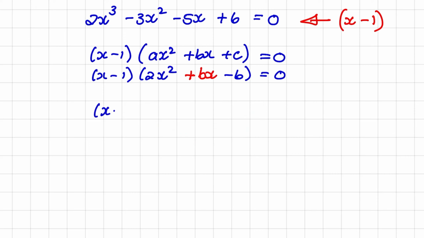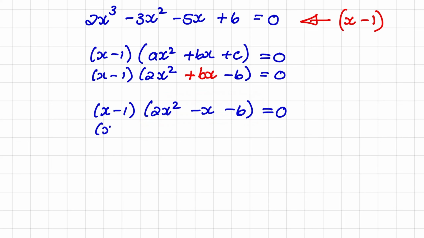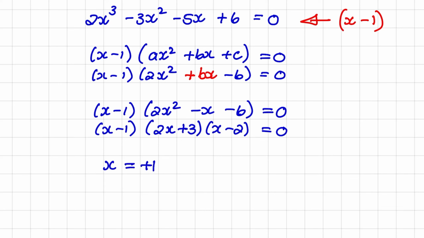That will lead to x minus 1 times 2x squared minus x minus 6 equal to 0. And again, I look if I can factorize the second bracket. And that is a trinomial that I can factorize. So it will be 2x plus 3 times x minus 2. Therefore, x would be equal to positive 1, or x would be equal to negative 3 over 2, or x would be equal to positive 2.